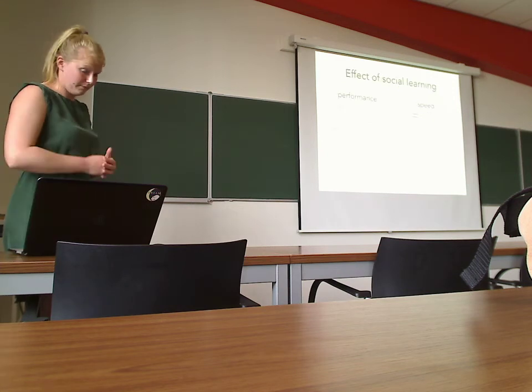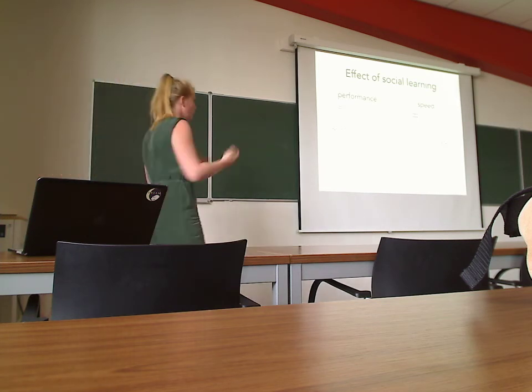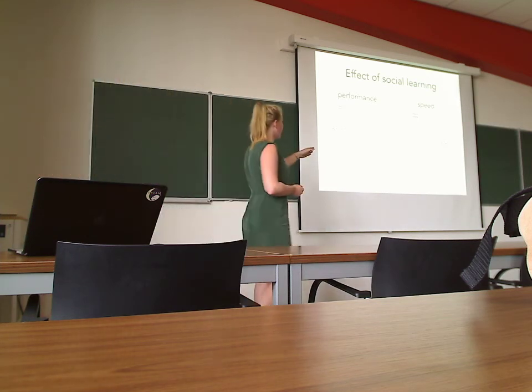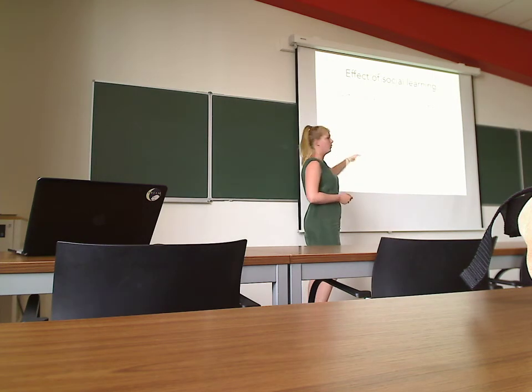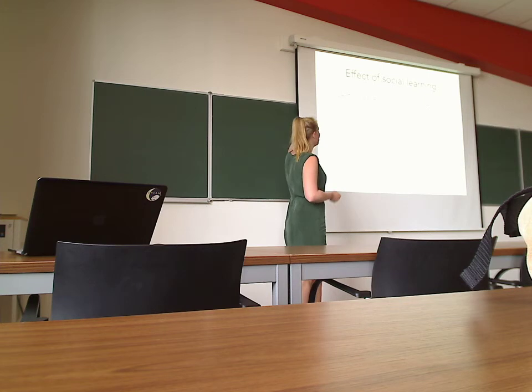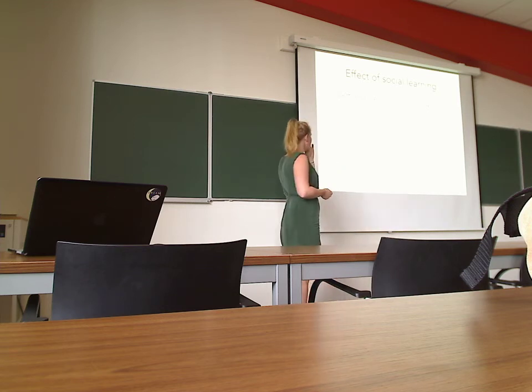So let's then observe some effects of social learning. What do we see on the left? We again have the rank. So we only have results for rank 1 to 10 and 20 to 30, the best and the median settings. And the performance ratio is the end performance for multiple robots divided by one robot. The blue ones are for 4 robots, and the red ones are for 2 robots.